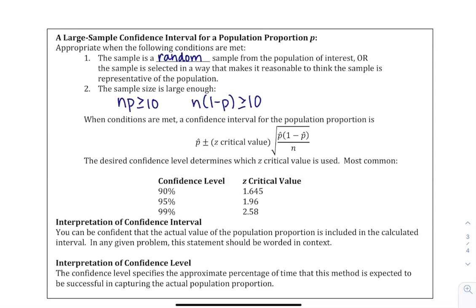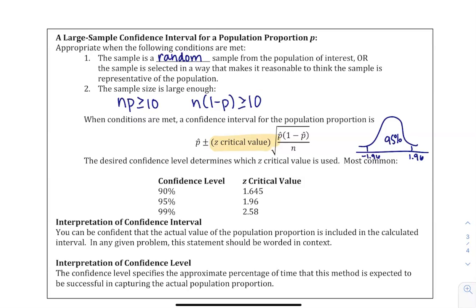Now earlier we were simply looking at a 95% confidence interval. Now we can do any percent confidence interval. And so we'll calculate this z critical value. This is coming from our understanding of the normal distribution, and we're looking for how many standard deviations you have to go in order to get that percentage. We've already established that if we go from negative 1.96 to 1.96, that gave us 95%.